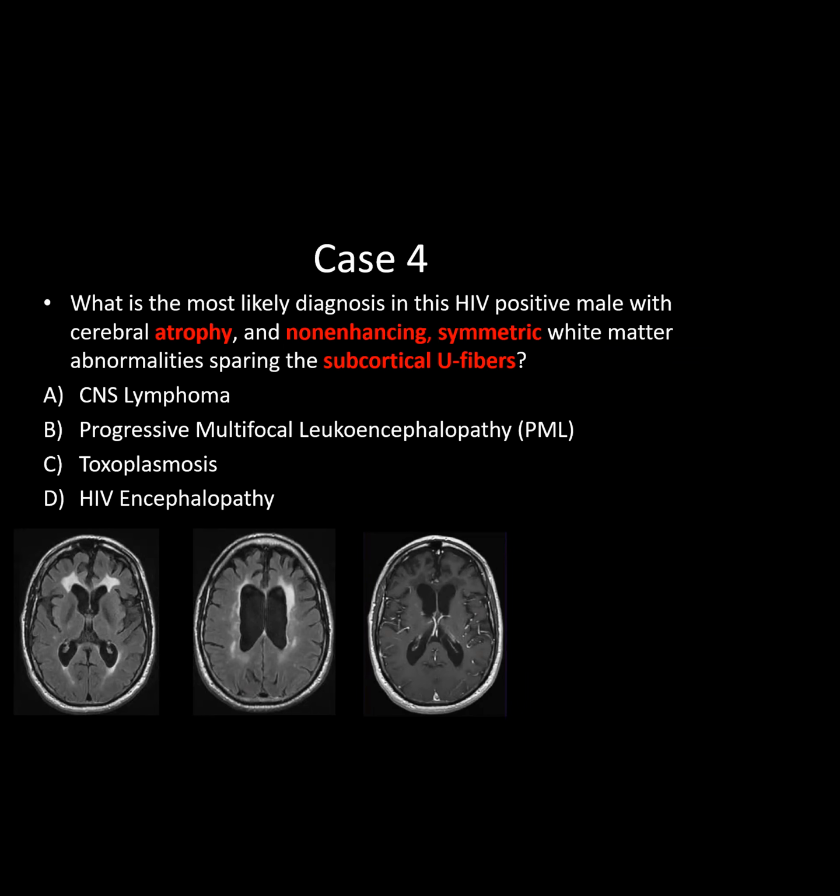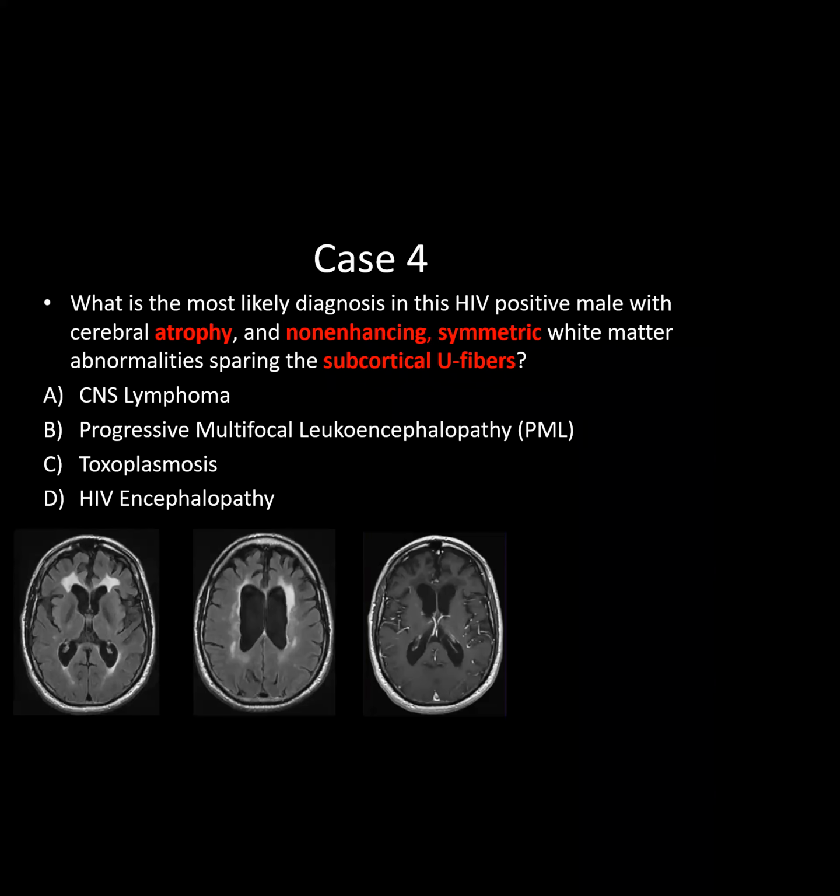Since it's non-enhancing, I don't think it's CNS lymphoma. Right. Also, I wouldn't expect CNS lymphoma in that distribution, periventricular white matter. Actually, that's one of the most common distributions of lymphoma, periventricular, but it should typically enhance.